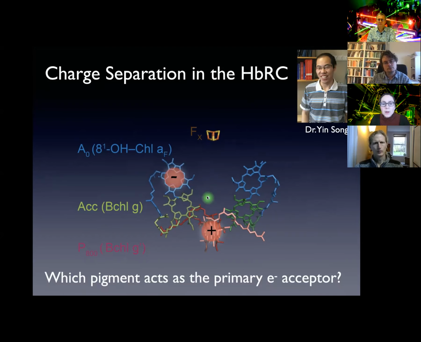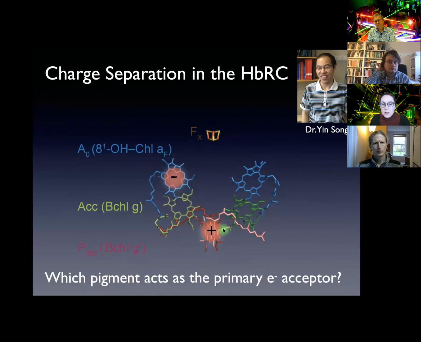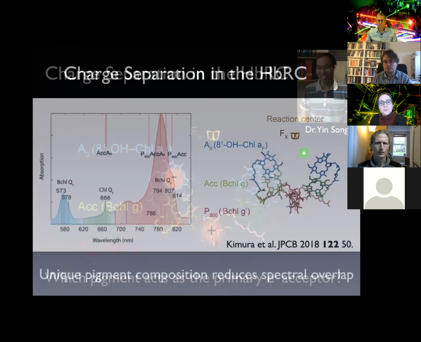But the question is whether the charge separation proceeds like in the bacterial reaction center, where the charge separation begins between the special pair and the accessory bacterial chlorophyll, or whether the initial charge separation begins between A0, the chlorophyll A, and the accessory. So we wanted to ask that question. And this work was led by Dr. Yin Song in my group.